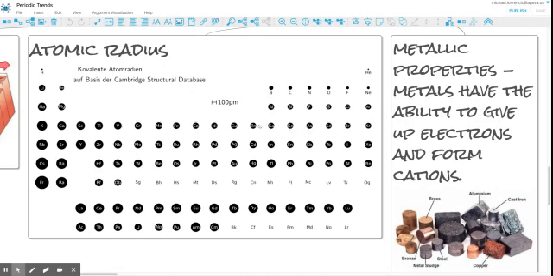Those electrons are not further away, so they're not more shielded, and the nucleus getting larger wins out over the number of electrons. We see an increased attraction of the electrons to the nucleus as we move across that period, which means that all of the electrons are in general feeling more of that positive charge, they're held on much more tightly to the atom, and the size decreases.